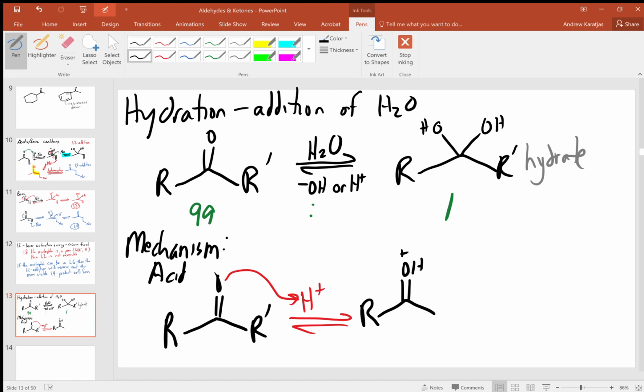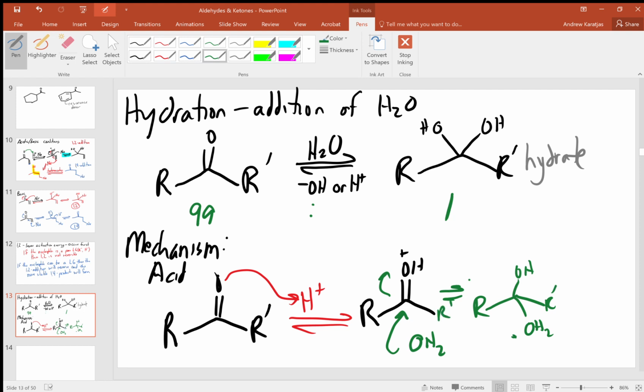And so by adding that hydrogen, we make our electrophile, the carbonyl, better. From here, water can attack. And then we lose a proton to get to the product. So that's the mechanism under acidic conditions.